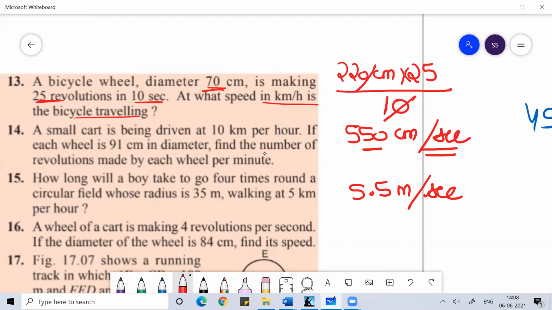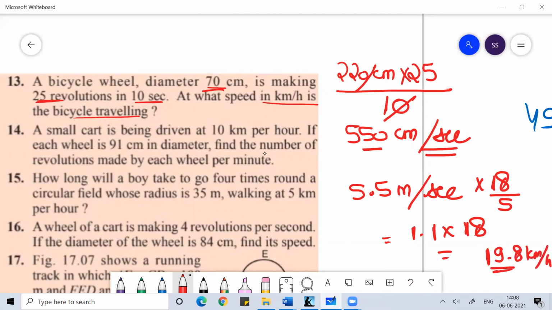Then I multiply this with 18 by 5. To convert kilometers per hour into meters per second, we multiply with 5 by 18. To convert meters per second into kilometers per hour, we multiply with 18 by 5. This will be 19.8 kilometers per hour, according to me.